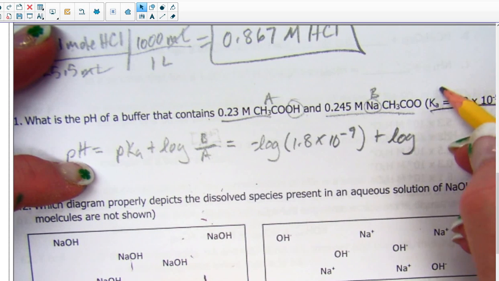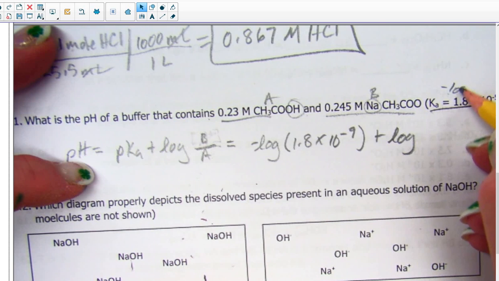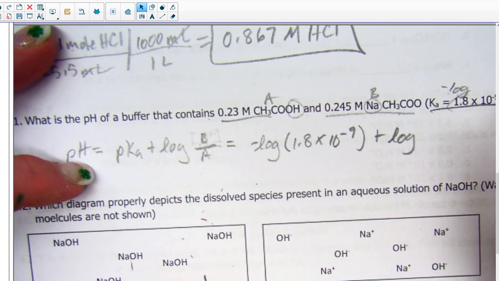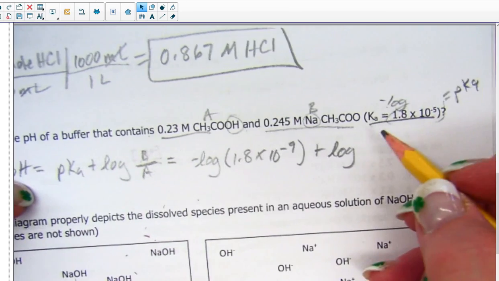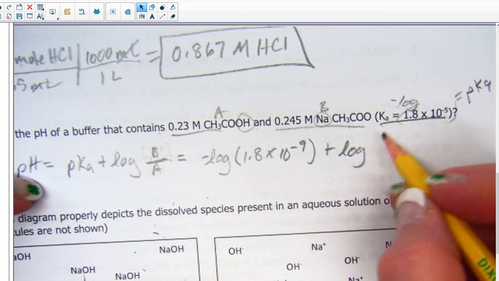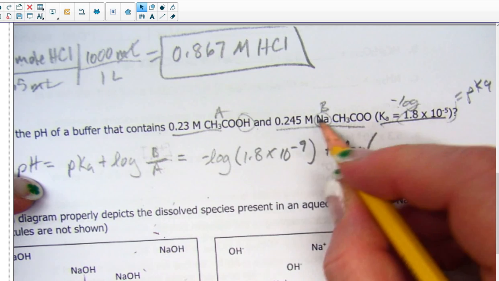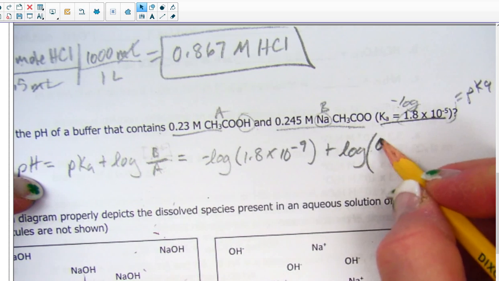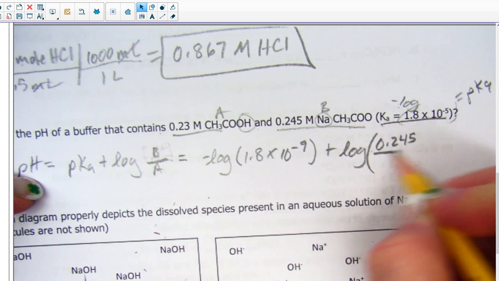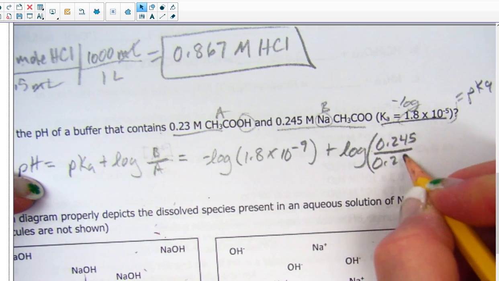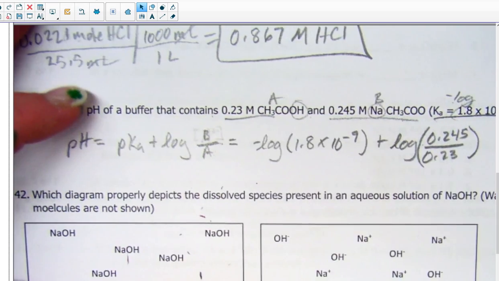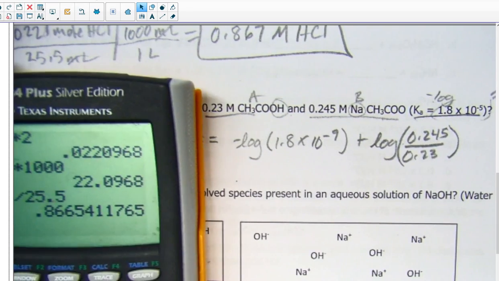To get pKa, we take minus the log of Ka, just so that you know. The log of my base, 0.245 divided by 0.23. So let's do each of those steps real quick.